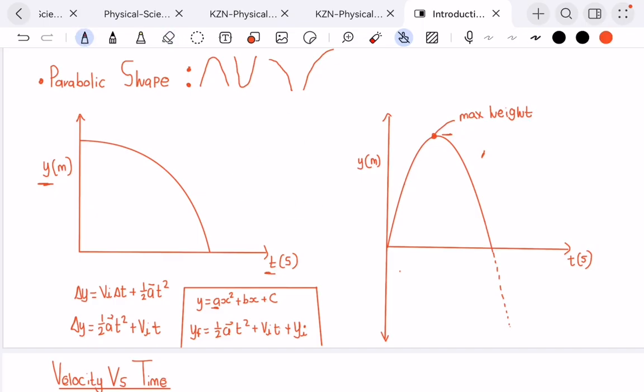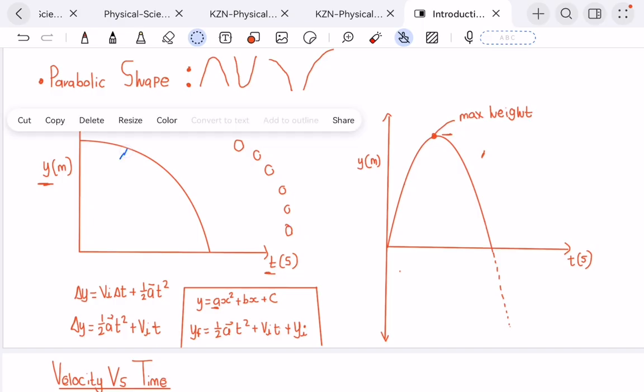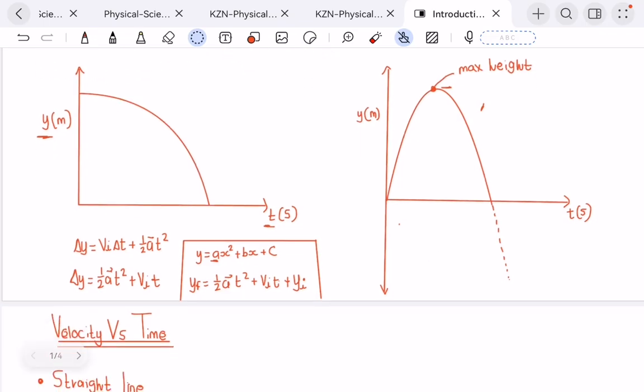Same thing with the first graph. If you look at this graph, this is a ball which is just thrown like this, and then it's going to hit the ground. So these two things, this one and this one, are the same. It's just that this is a graph, but this is a real life thing. You can actually picture them that way.